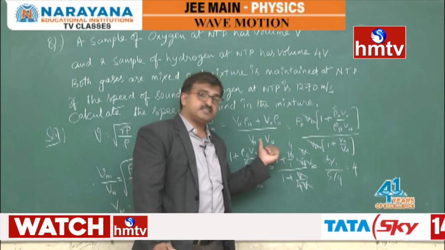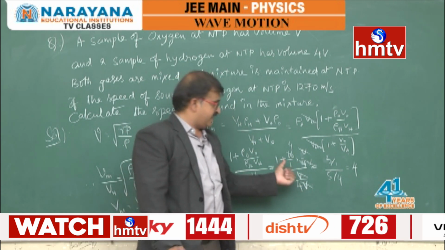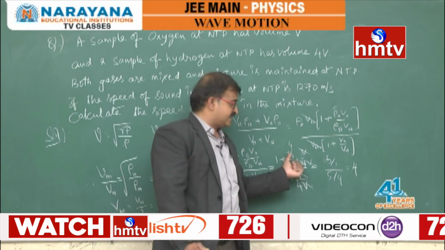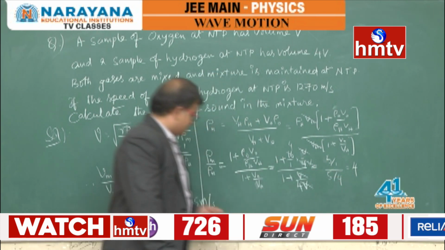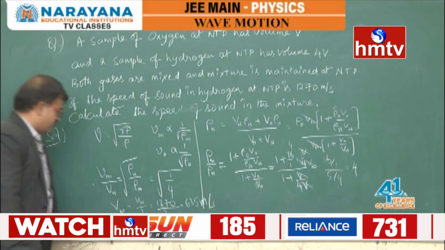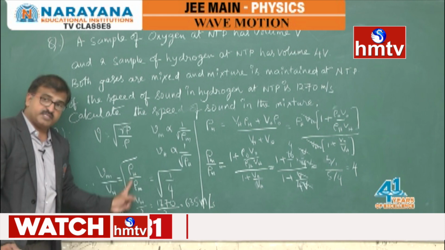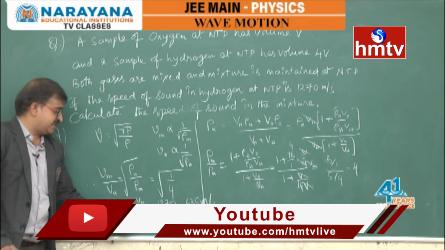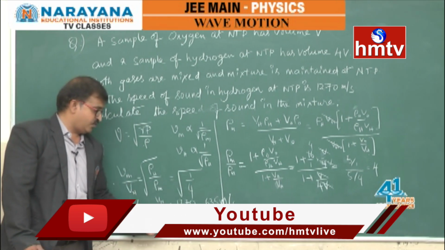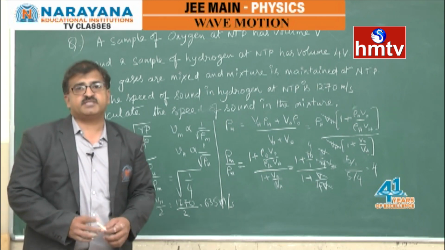So in this case, the mass of the oxygen is 16 times the mass of the hydrogen for given NTP standards. So here it cancels, and you are getting 5 upon 4, which is equal to 4. So this is rho m by rho h, but we know that Vm by Vh will be equal to root over rho h by rho m, which is equal to 1 by 4 of it. So Vm is equal to Vh by root 4, that is 2. Hence the value is 635 meters per second.